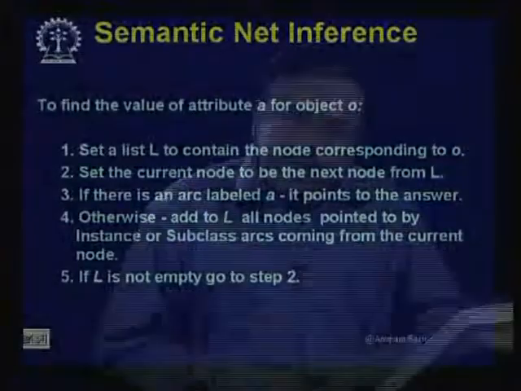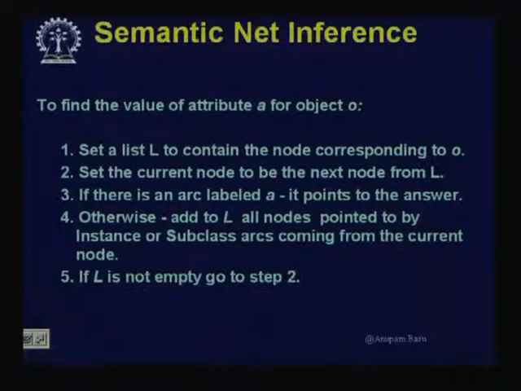For example, if we take an earlier example like has part, does elephant have head. Basically, we are looking at the object elephant and trying to see whether it has got an attribute has part which is leading to head.